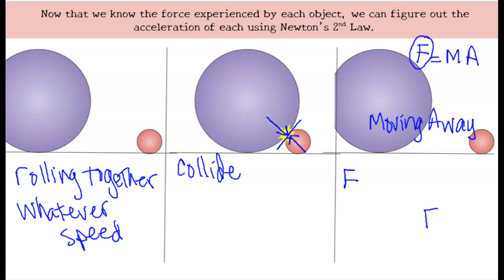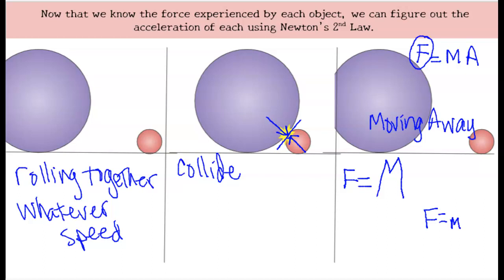So I'm writing the F, and I'm going to use the size of these letters to indicate relative strength. So for the purple object, the mass is very large, right? So I'm going to make a big M to indicate a big mass, whereas the red object is much smaller. So I'm going to draw a little m.